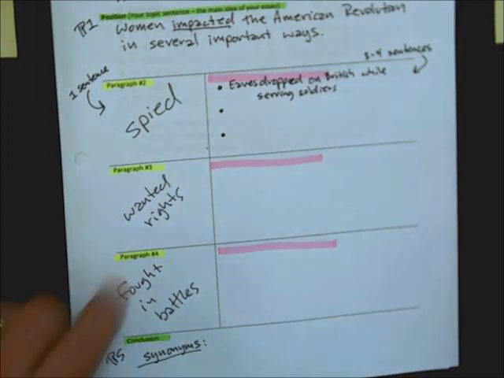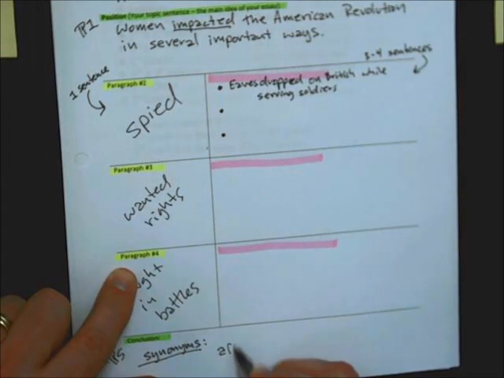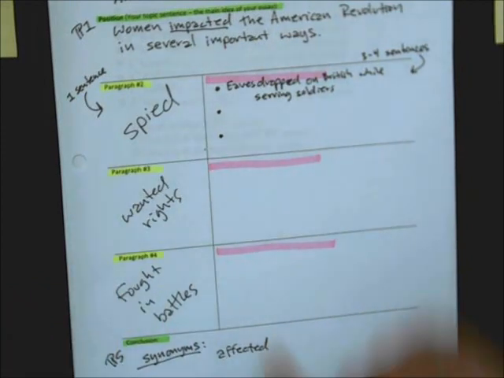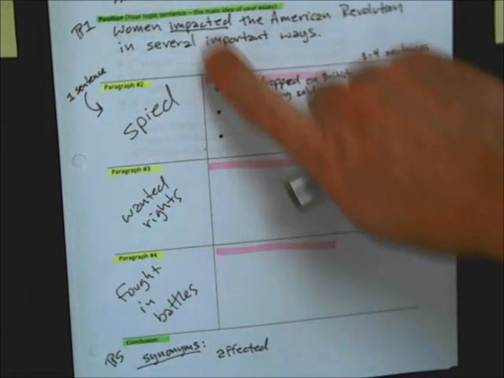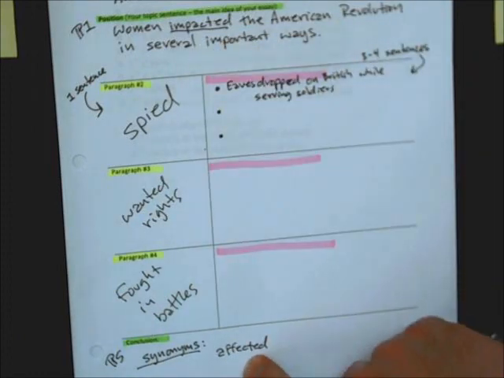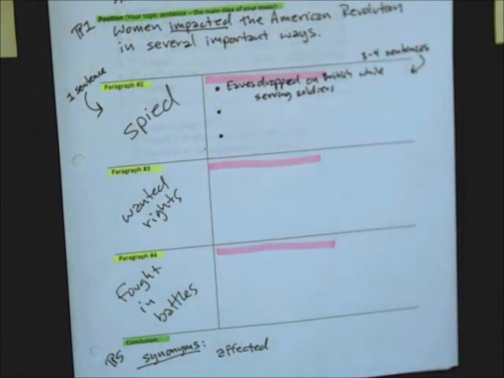So how about affected? Affected would work as well, or influenced, or changed. Women impacted, so I put affected. And then, what could I say instead of American Revolution? World War. Fight. Revolutionary Battle. War of America. Revolutionary War is a good one for you.